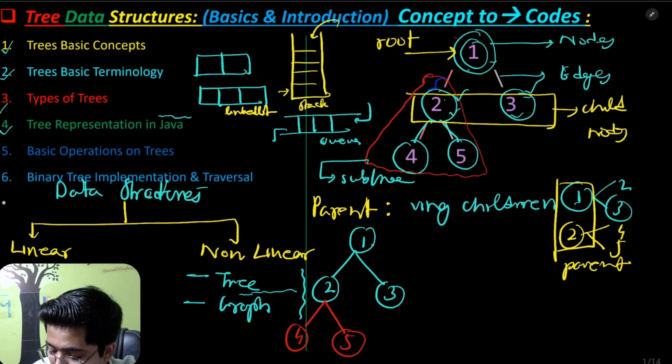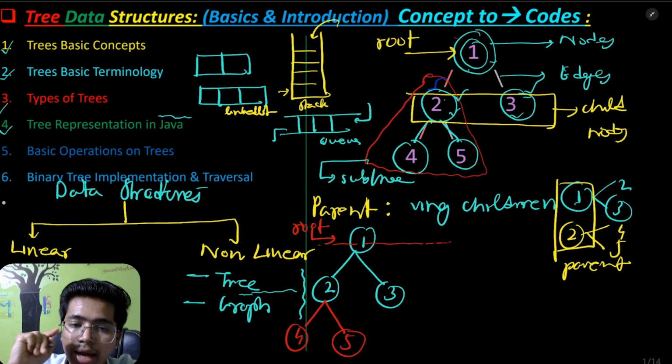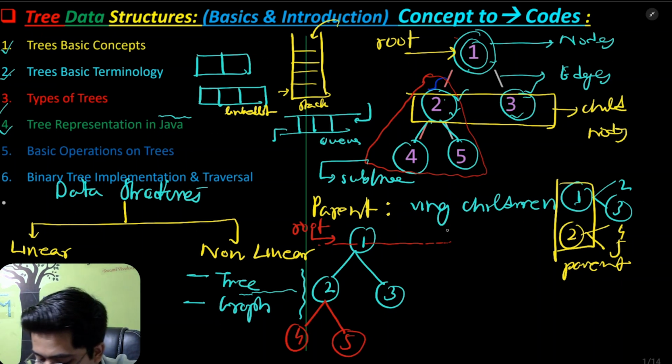Now if we observe from here, the root is the starting point, and as that is the starting point, the depth is at the zeroth level, so we call it depth 0. From here the depth is counted.